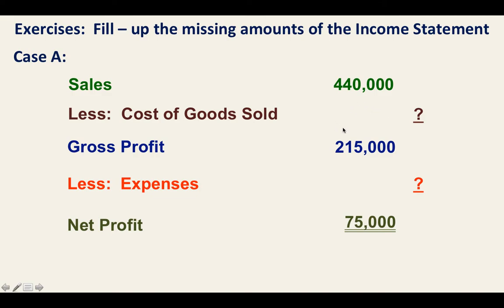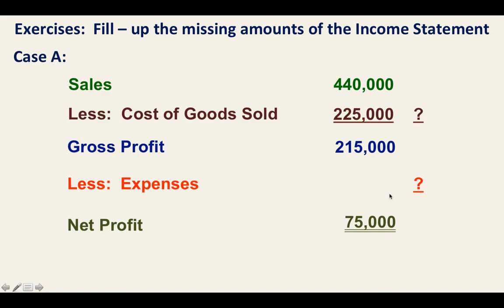So inasmuch as our income statement presentation is that sales minus cost of goods sold equals gross profit, if you have the gross profit, you can deduct the gross profit from your sales. So in this case, 440,000 minus 215,000 will give you 225,000.